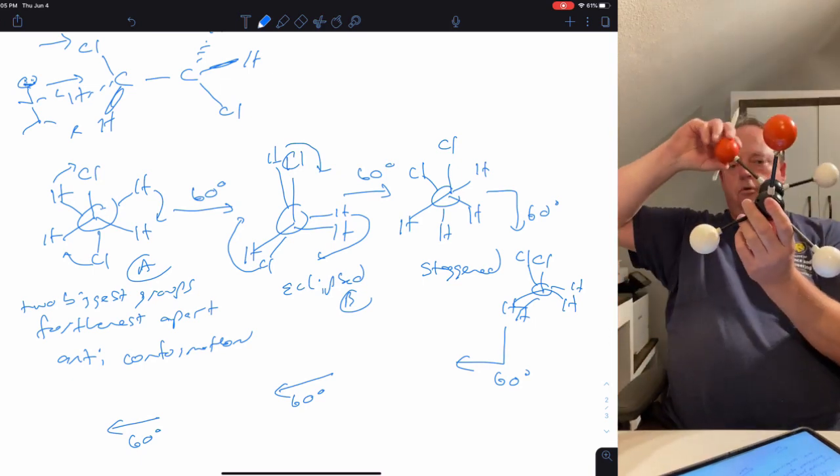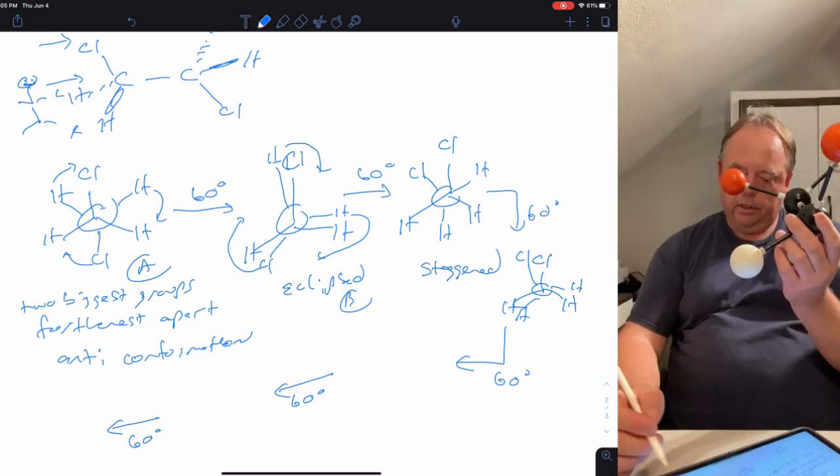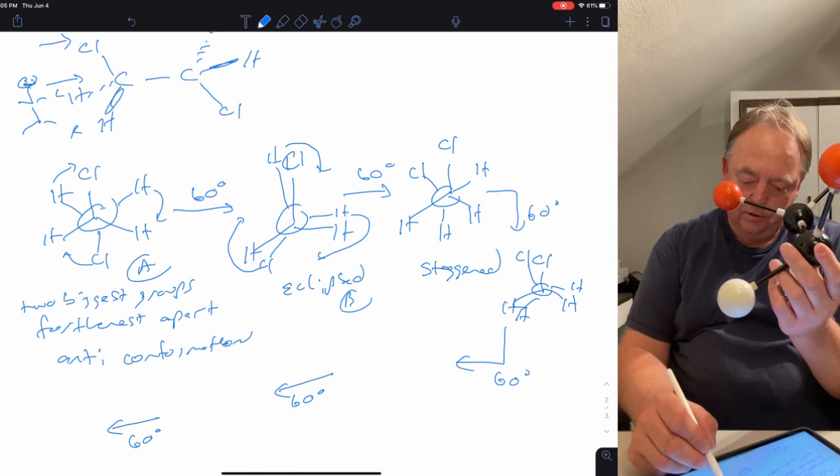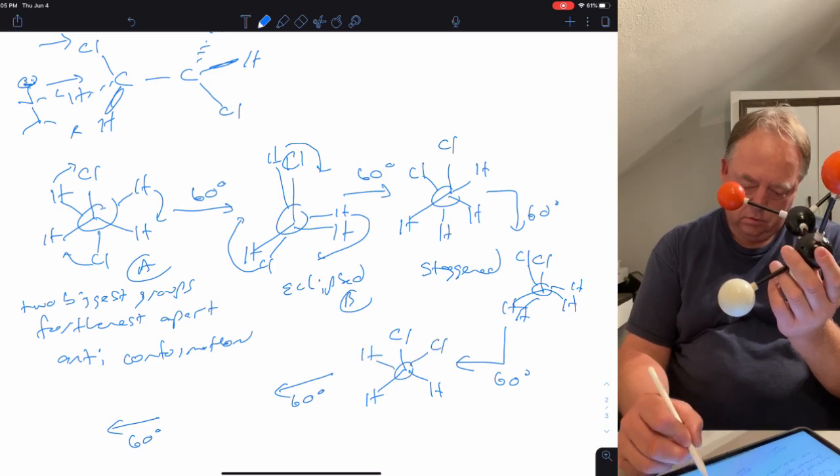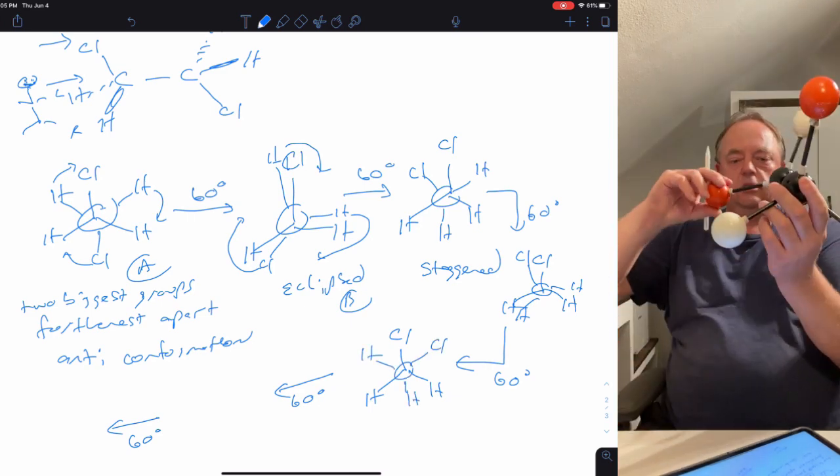And then 60 more degrees. So now the chlorine comes between the chlorine and hydrogen on the front. Right, 60 more degrees.